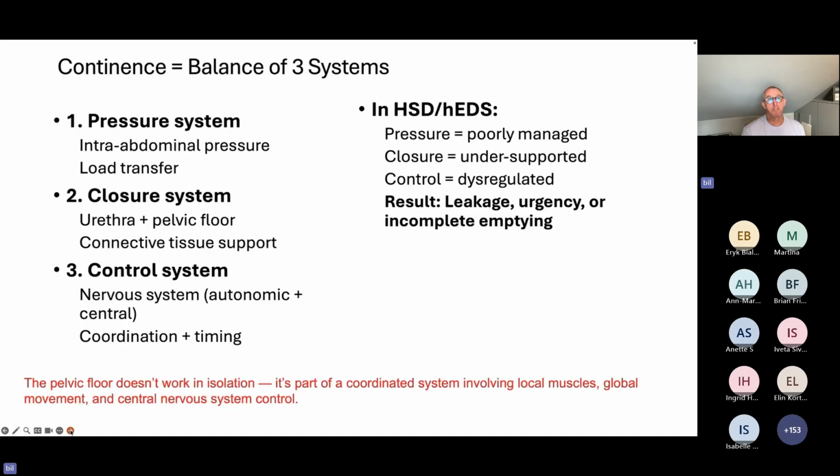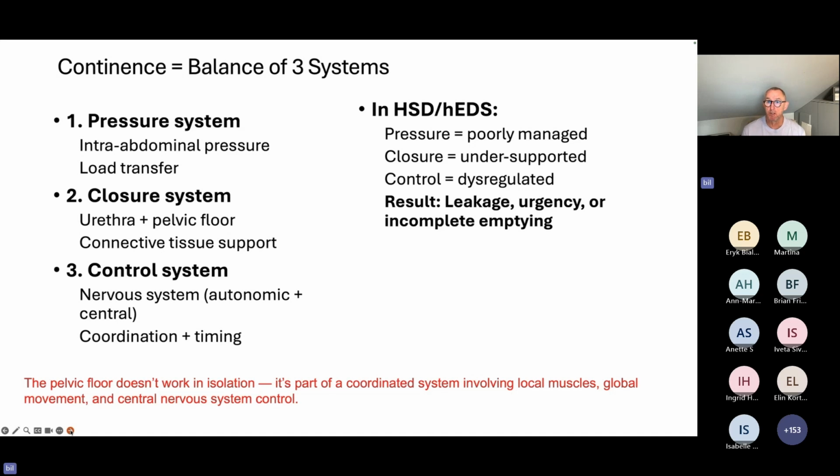So continence is really, we know, a balance of three systems: a pressure system, intra-abdominal pressure; a closure system, the urethra and the pelvic floor and connective tissue support; and then a control system where we have nervous system, autonomic and central coordination and timing. Now in HSD and heads, the pressure is often poorly managed. The way these guys breathe or don't breathe, the intra-abdominal pressure system is difficult to control and manage.